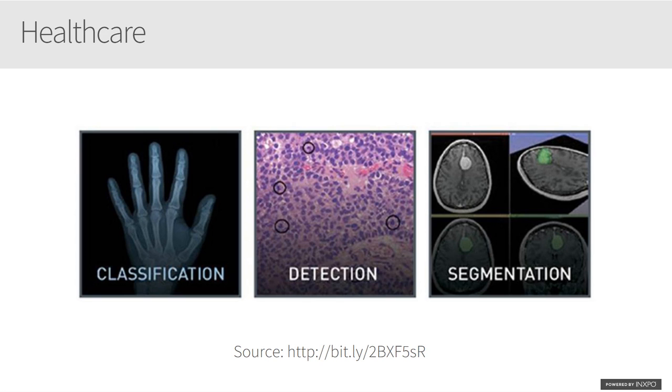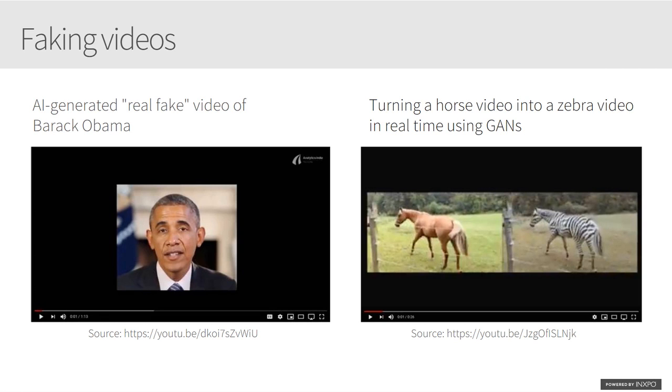And then specifically in the arena of healthcare, the classification or detection of potential issues in MRIs or CAT scans, or segmentation. There's a lot of cool power based on the premise that we can start pattern matching and getting machines to do that pattern matching for us.